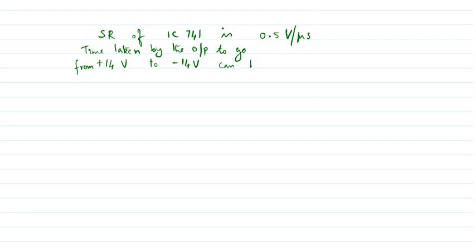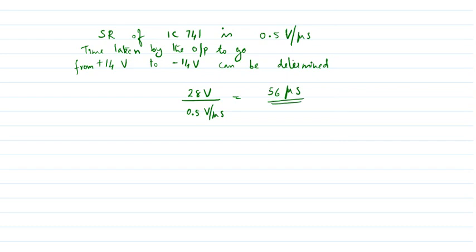It can be determined by using these two values, that is 28 volt divided by 0.5 volt per microsecond. Then we will get 56 microseconds.